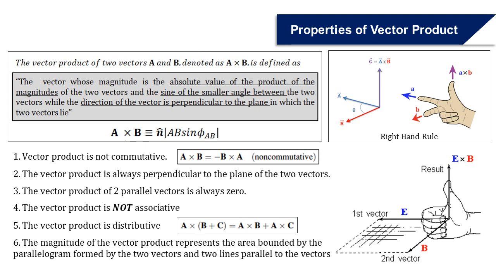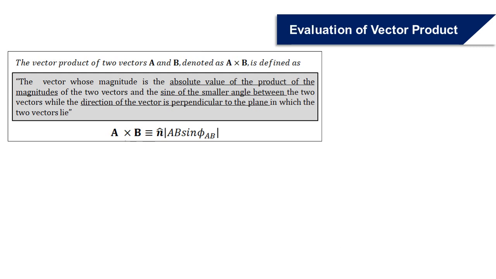Okay, let's go. Next, let us evaluate a vector product ng dalawang vectors, A and B, using their components. So, ito naman, gagamit tayo ng X, Y, and Z to evaluate ano ba yung formula or relationship between the cross product and the components of each of the vectors.